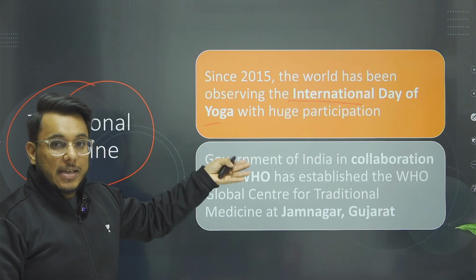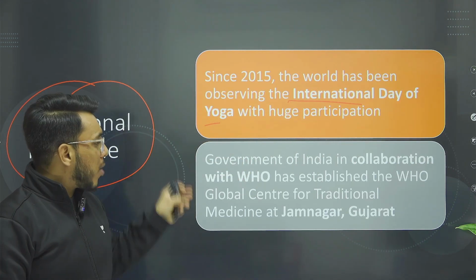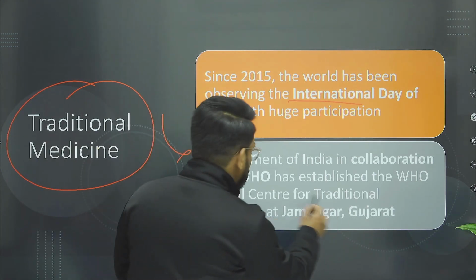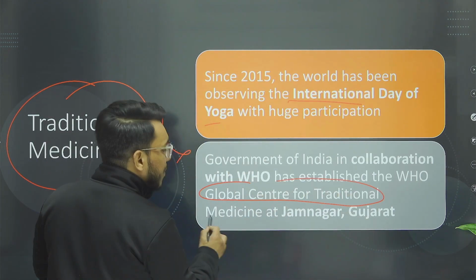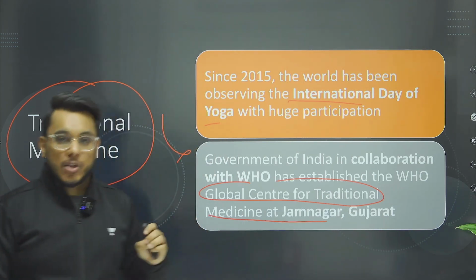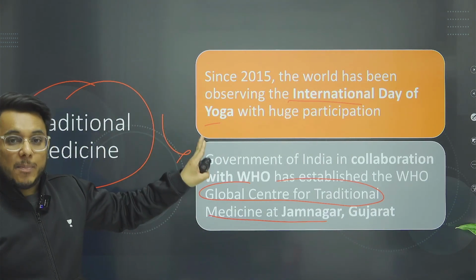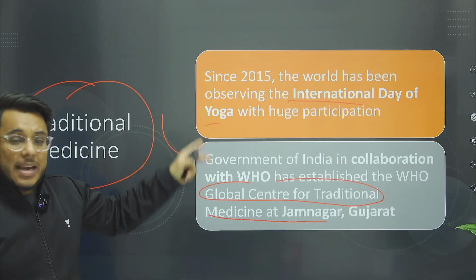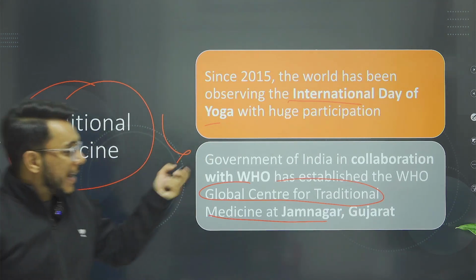So this is the proven credibility of yoga. Moreover, recently India along with the WHO has started the Global Center for Traditional Medicine at Jamnagar in Gujarat. So India's traditional medicine, yoga, Unani, Siddha, homeopathy can attract many medical tourists.